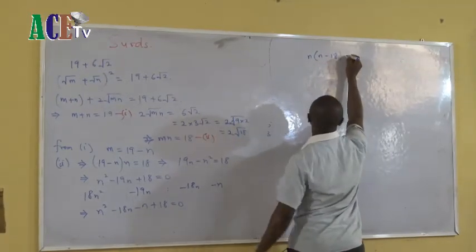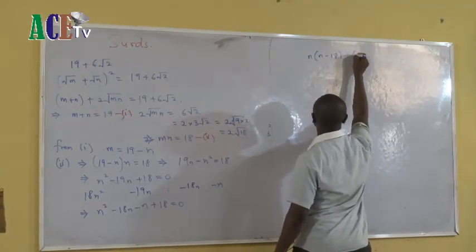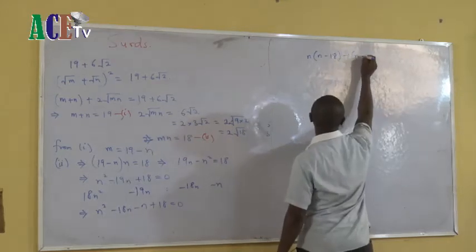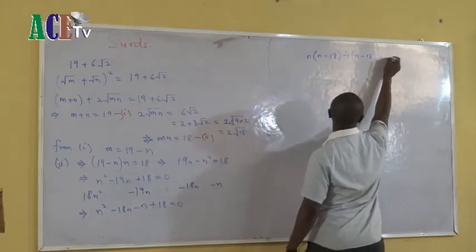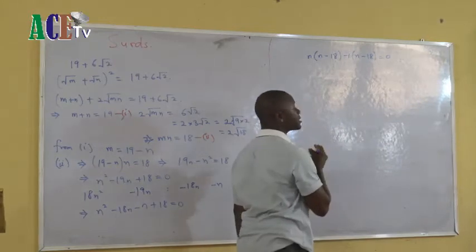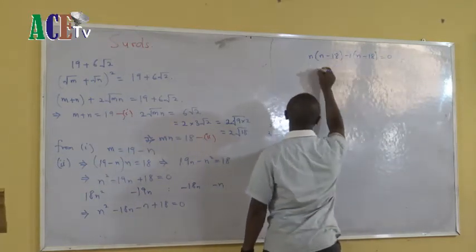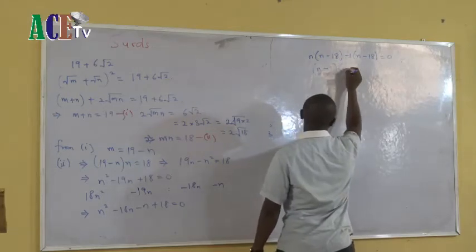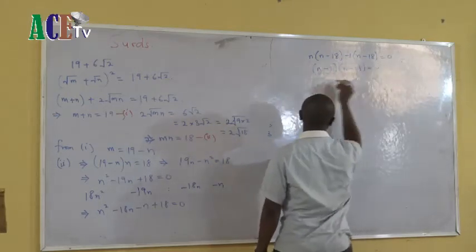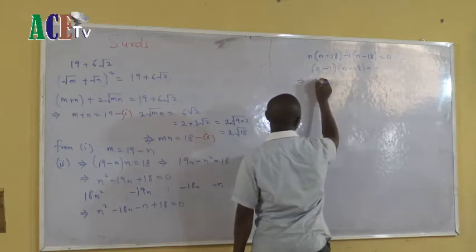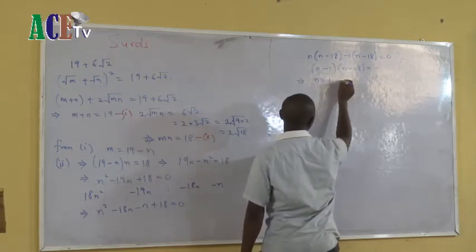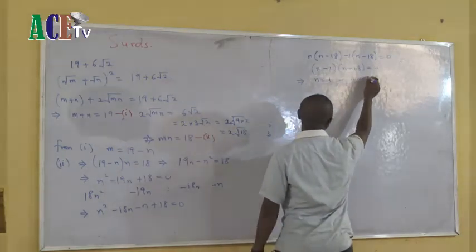Then here we factorize minus 1, and we have n minus 18. Once we've done this, we can factorize because n minus 18 is common. So we have n minus 1 times n minus 18 equals 0. This implies that n equals 1 or n equals 18.